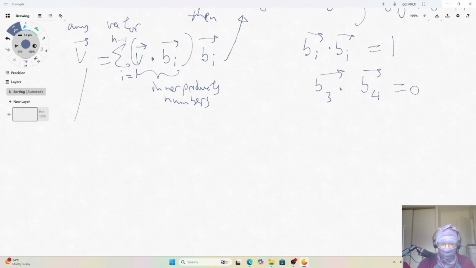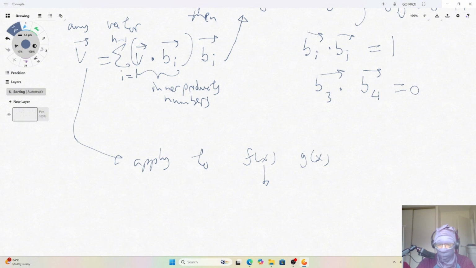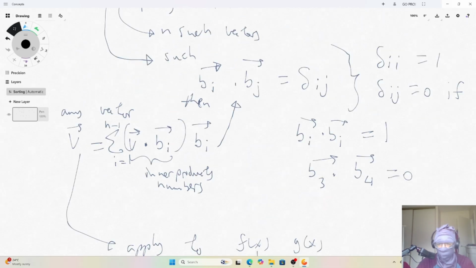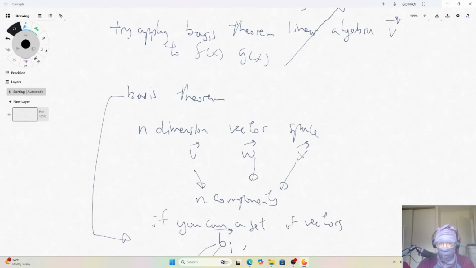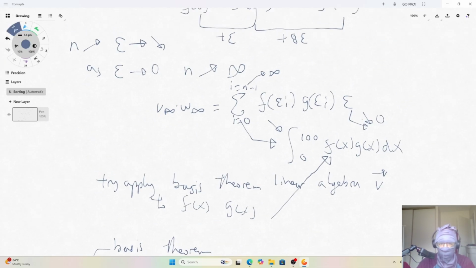Now let's apply that to those functions that could be made equivalent to vectors with an infinite number of dimensions, with epsilon tending to 0, as we defined earlier.